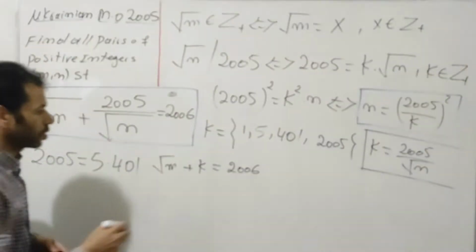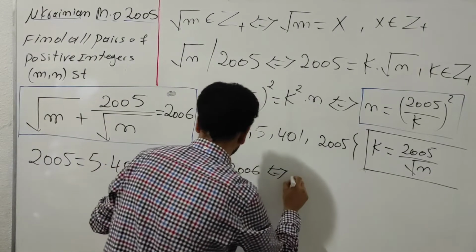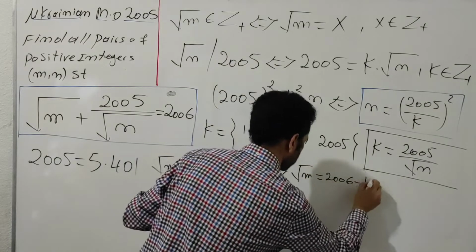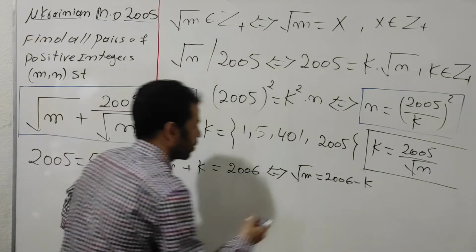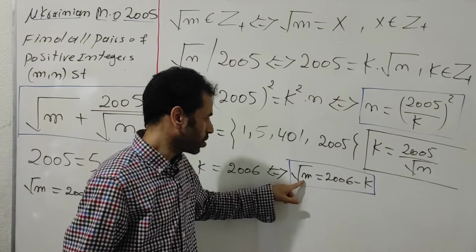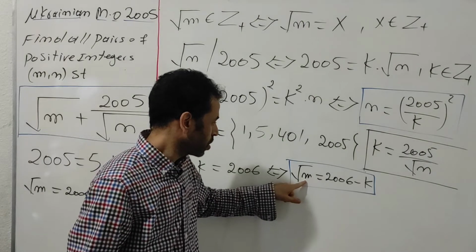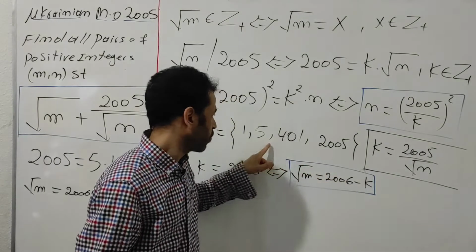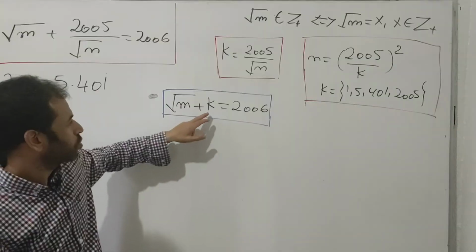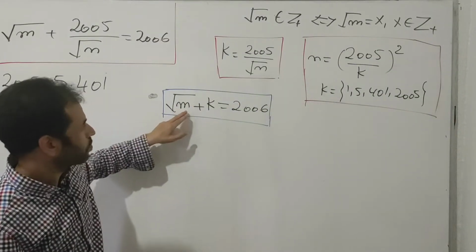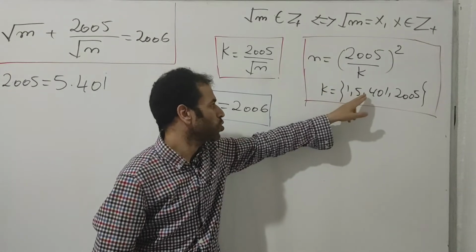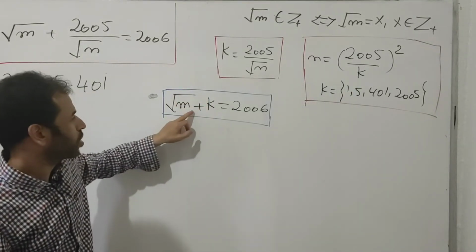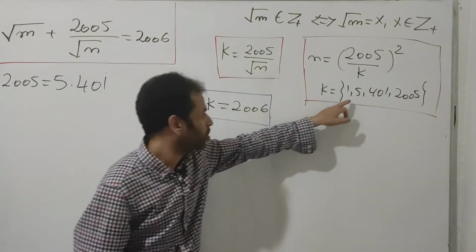This is equivalent to square root of m equals 2006 minus k. The values of m depend on the values of k. So I have two expressions, one to find m and one to find n, and I'm just going to insert the same values of k into both.